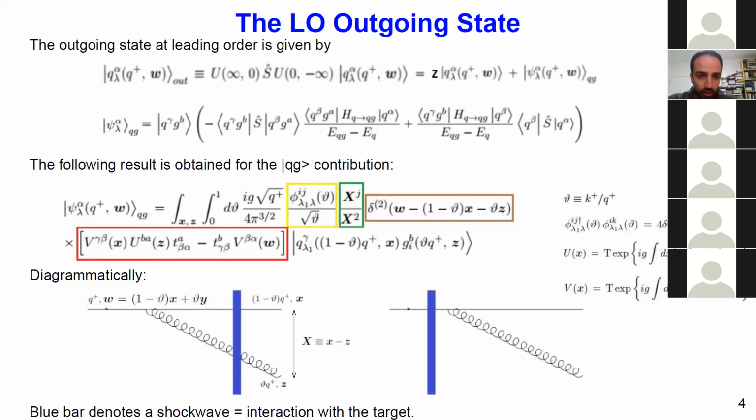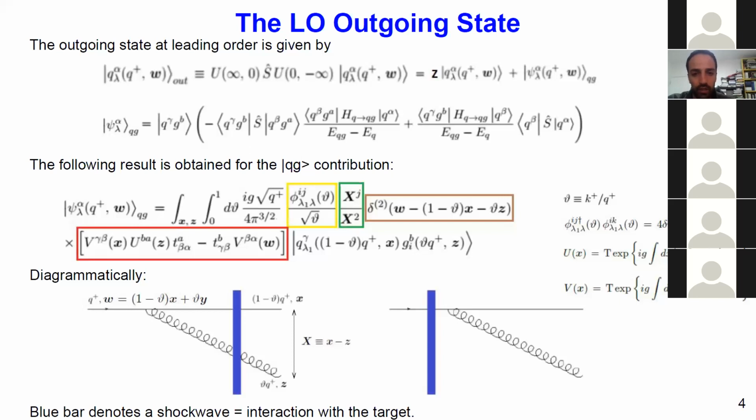First is the overall prefactor. We know that this state is, of course, of order g, and the square root of Q is just something that has to make the dimensions right. Then we have some numerical coefficient, which I can explain to you later. And then we have some structure that you see in the yellow box. This is what will reproduce the DGLAP structures.